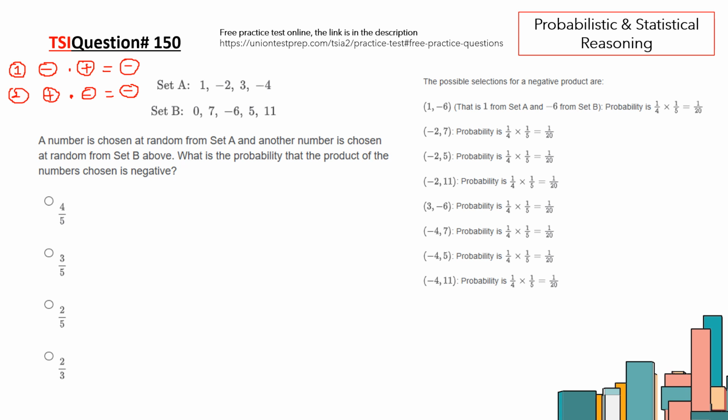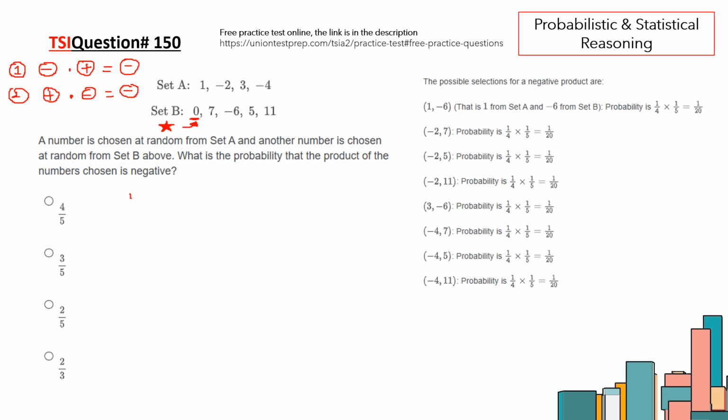And the third one is 0. Any number multiplied by 0 will produce 0, not negative. So this is a be careful part.